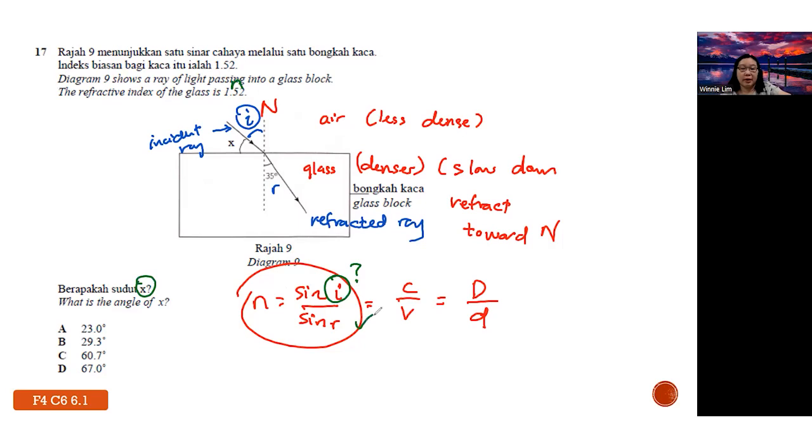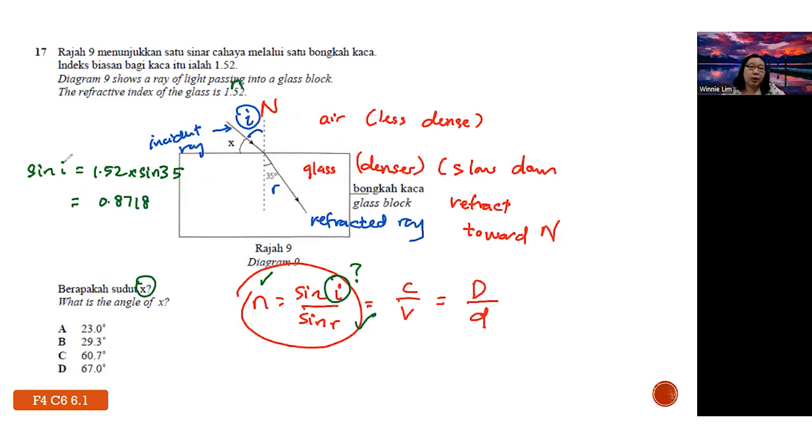But do you have r? Yes, you have n. So you rearrange the formula and get the angle for i first. So sin i equals n times sin r, which is 1.52 multiplied by sin 35. 1.52 times sin 35, and you by right get 0.8718.